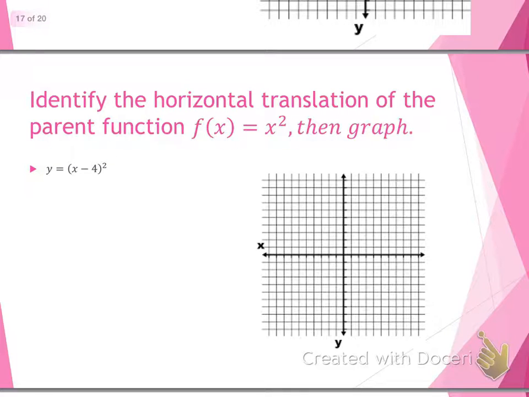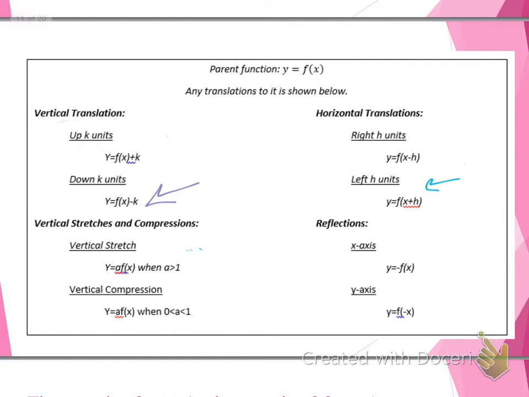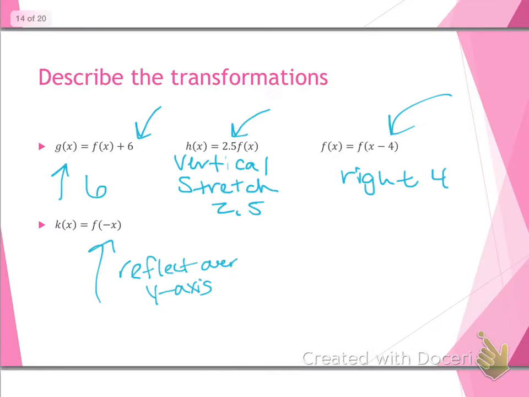Okay, we got our original x squared graph. So if I'm doing my x squared graph, I could make my t-chart. And it should look something like this. There we go. And then if it's sitting on the inside, and it is a minus sign, so we're going right however many units that is.